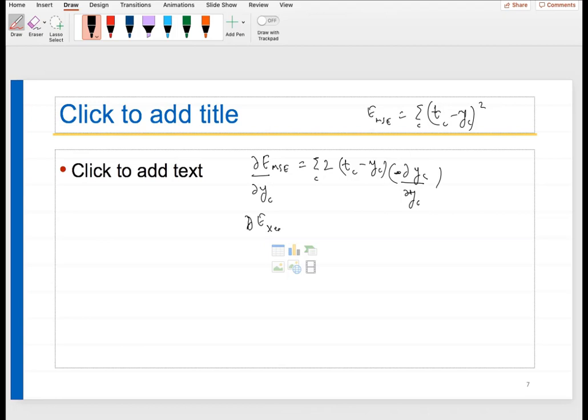Now, what is my dou E cross entropy with respect to YC? What is it?